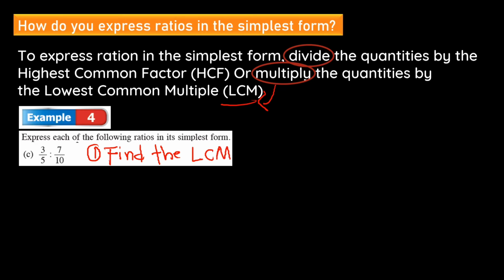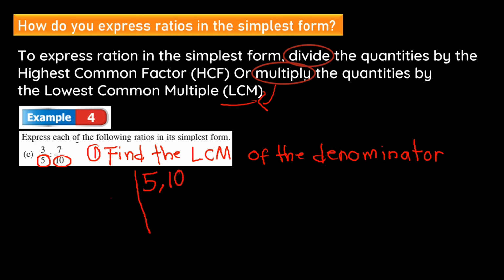How do we find the LCM? We need to find the LCM for the denominator here, which is 5 and 10. So we find the LCM using repeating division.